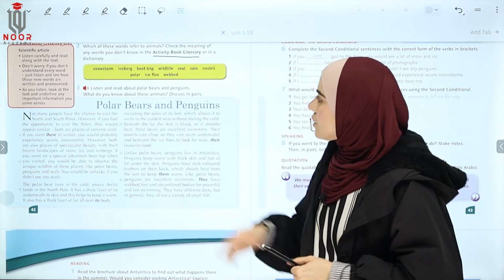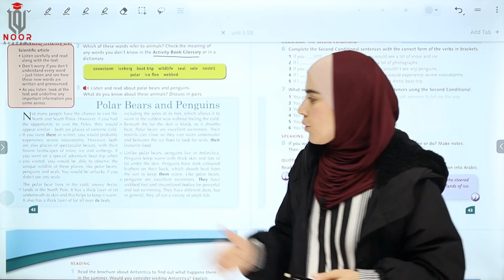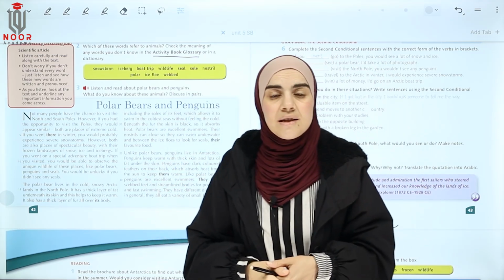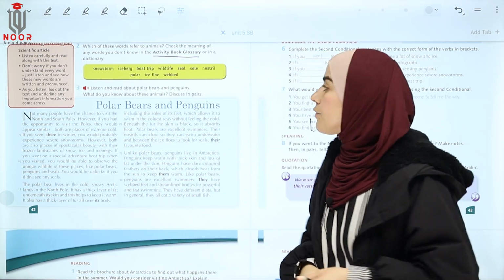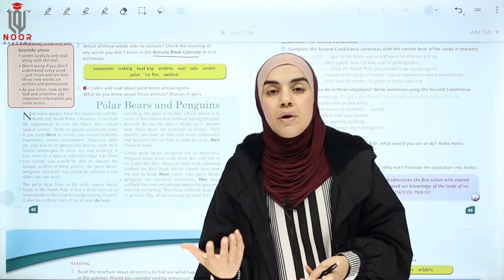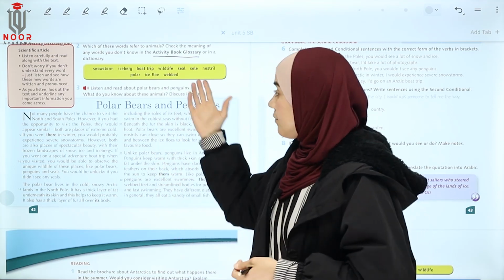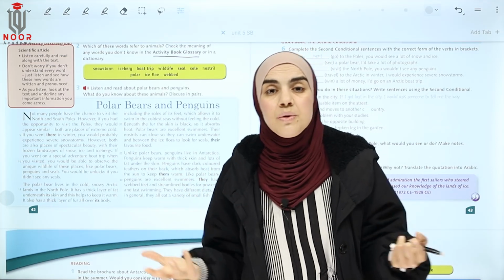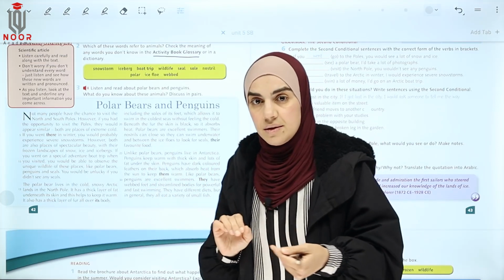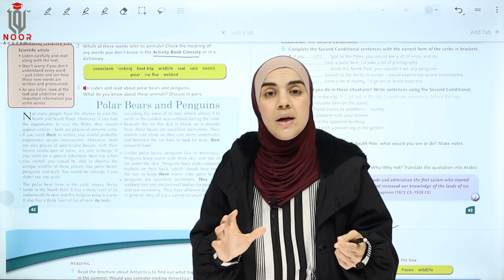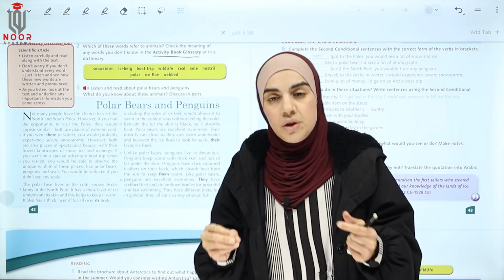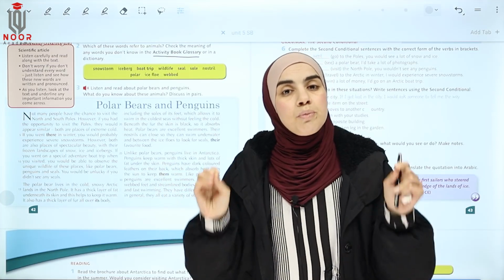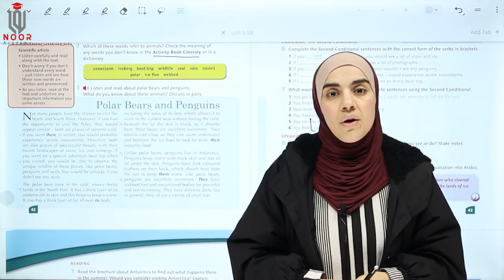So we will focus on these words through our text and throughout our class today, inshallah, we can, for example, discover the part of speech for each one of these words and also how we can use them in meaningful sentences. It's very important for you as a student to put these words, because they are very new for you, in meaningful sentences.